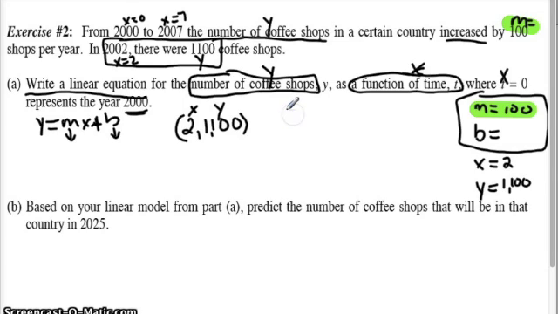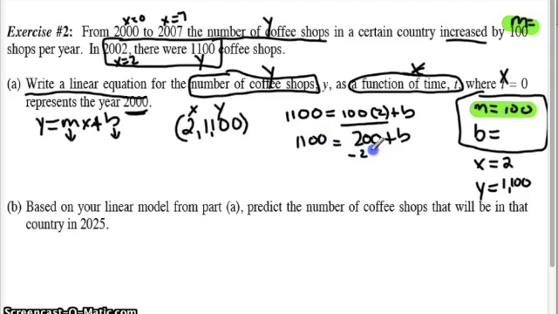So y is 1,100 equals m, which is 100, times x, which is 2, plus b, which I don't know. But I know 100 times 2 is 200, plus b equals 1,100. I'm going to subtract 200 from both sides, and I will get 900 equals b.